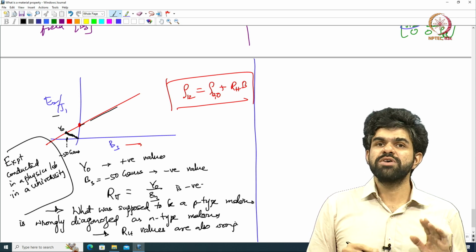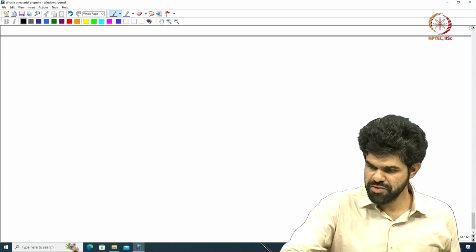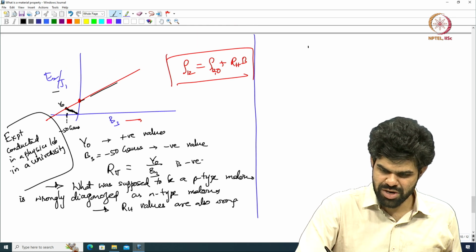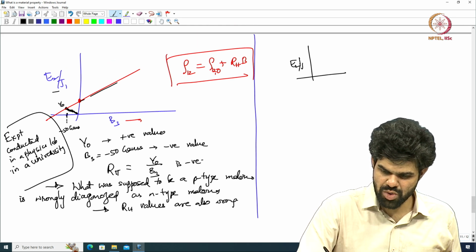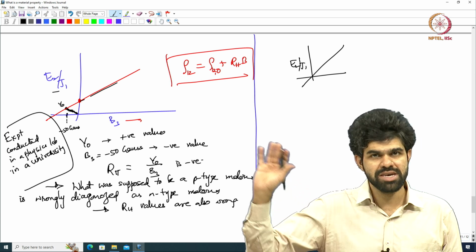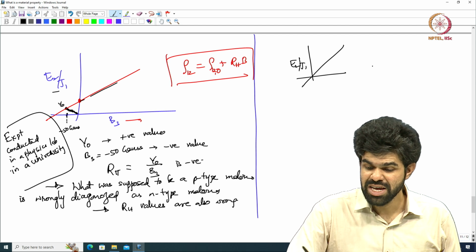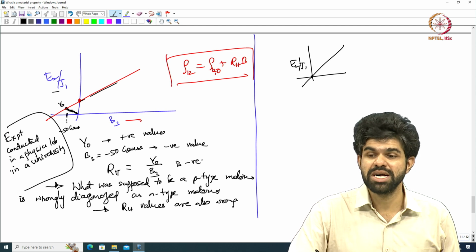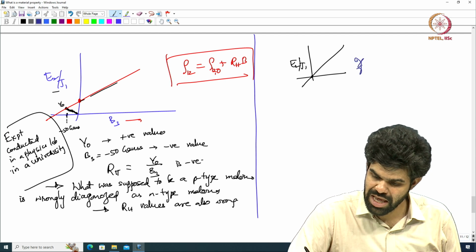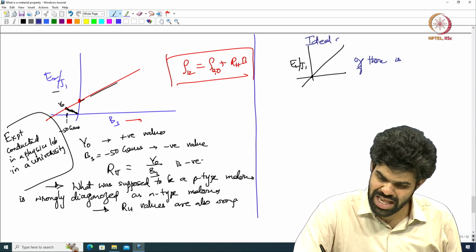Okay. This may work out if you get lucky: you do the full measurement, and you get E2 by J1 passing through the origin, then you are okay. But typically that does not happen because of other artifacts also, not just material anisotropy, but material anisotropy is one thing that does not let E2 by J1 pass through the origin. So, this is the ideal case.